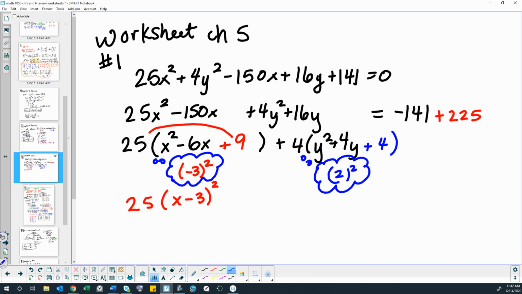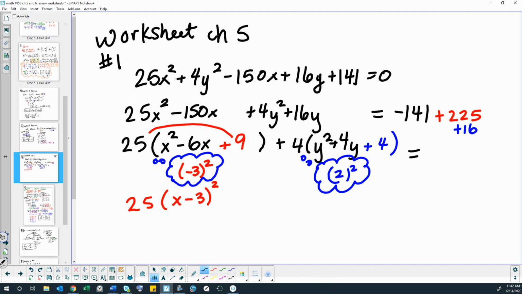Okay, so then instead of actually adding in 4, however, we are adding a value of 4 times 4, which is 16. So we've got to add a 16 to that. So if we do negative 141 plus 225 plus 16, let's see, 225 plus 16, 5 plus 6 is 11, carry the 1, that's 4. So 241.